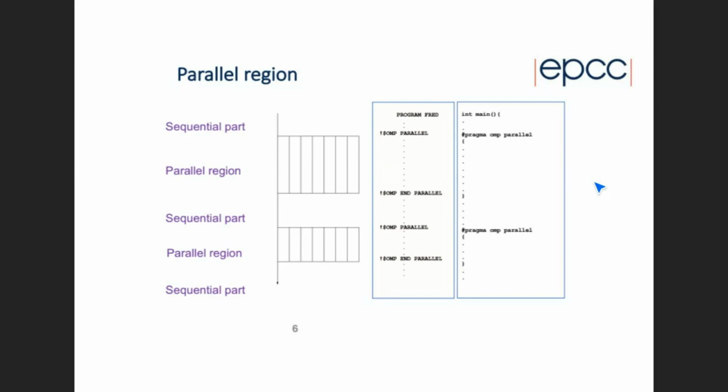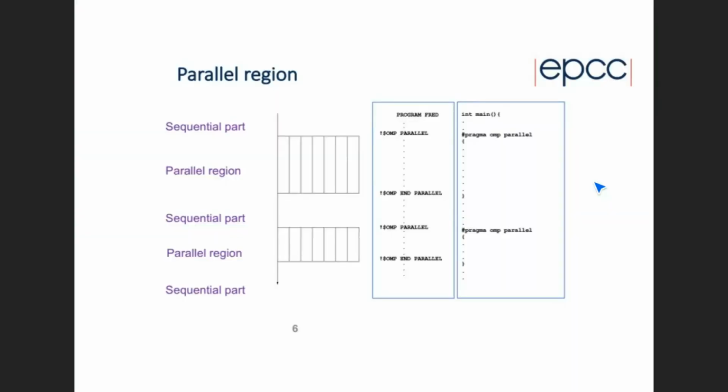So the real underlying operating system kernel threads that are executing your OpenMP parallel program are not in practice created and destroyed for every parallel region. In practice, they are created once at the start of program execution and then reused for all the parallel regions.